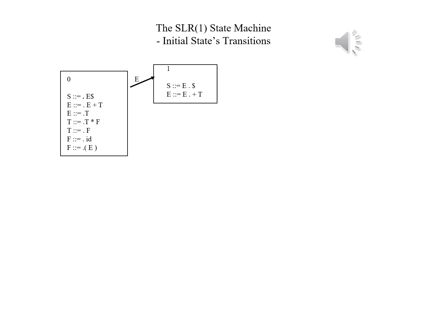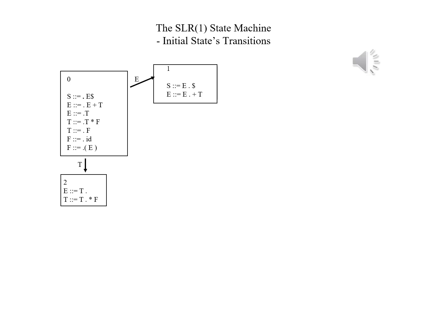In state 1 I have S derives E dot dollar. Where I previously had E derives dot E plus T, I now have E derives E dot plus T. In both cases, the dot is before a terminal, so I don't need any additional items here.